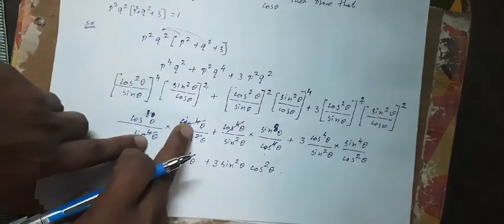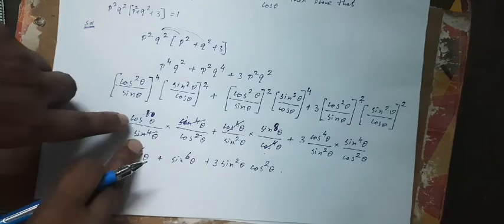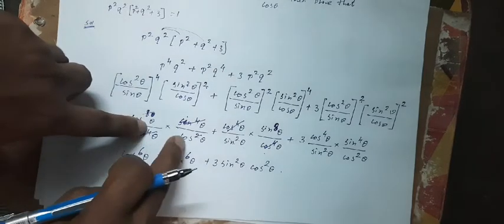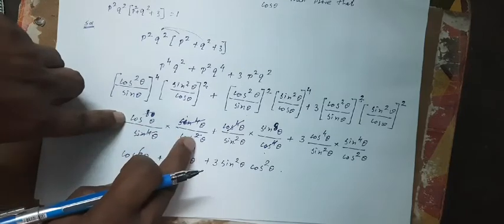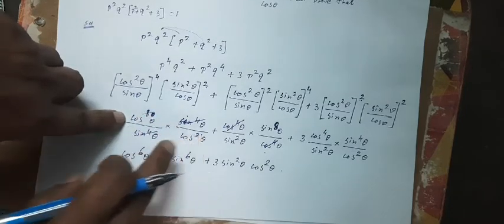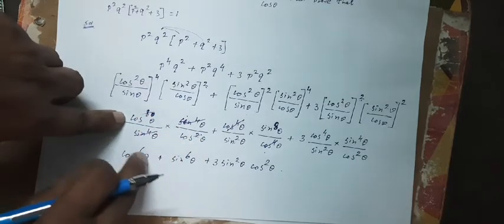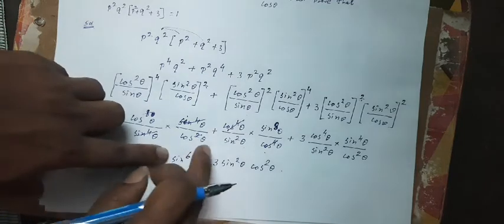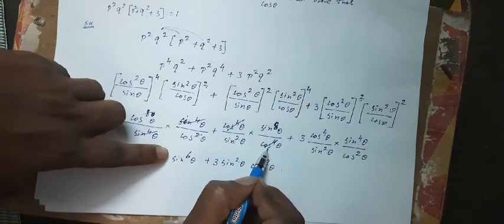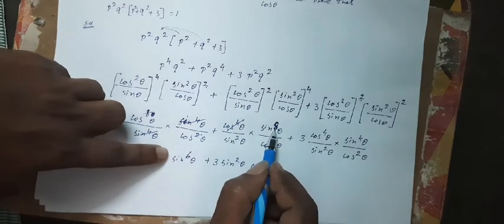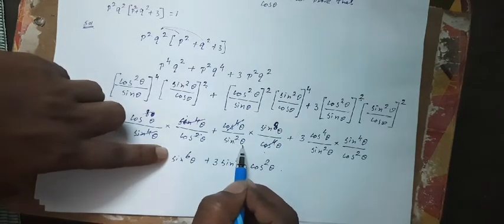Sin 4 same, so I can cancel here cos power 8 theta, here cos square theta, so 8 minus 2 we can get cos power 6 theta, plus same here cos power 4 we can cancel, the sin power 8 theta and here sin square theta.